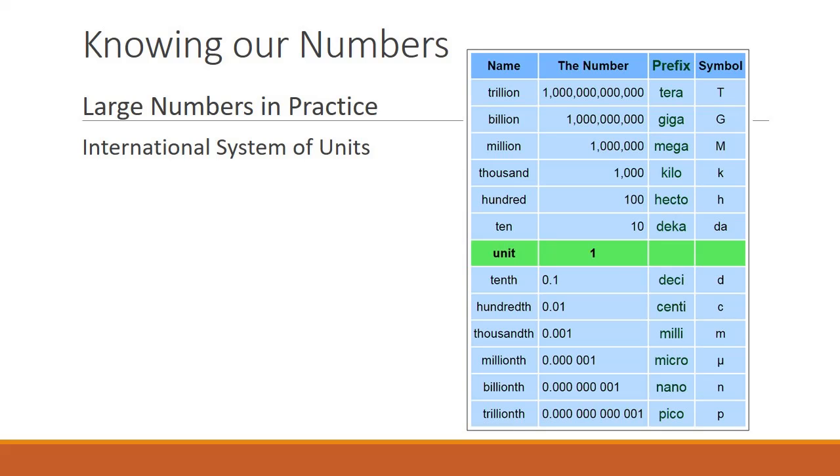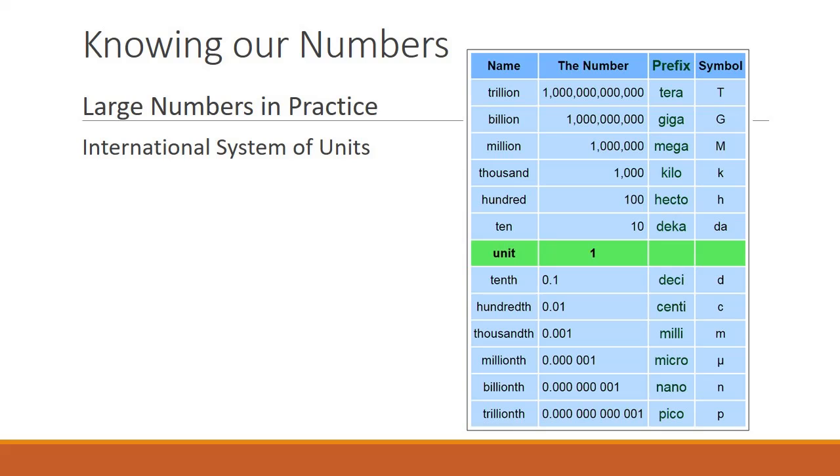If we increase it by 100 times, it will be called hecto. Similarly, if we increase it 1000 times, it will be called kilo. We prefix it before the unit. See, meter is the unit.